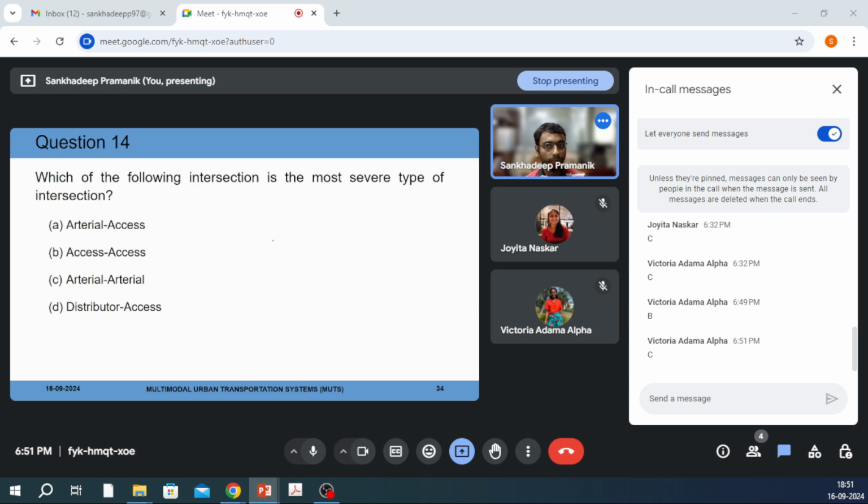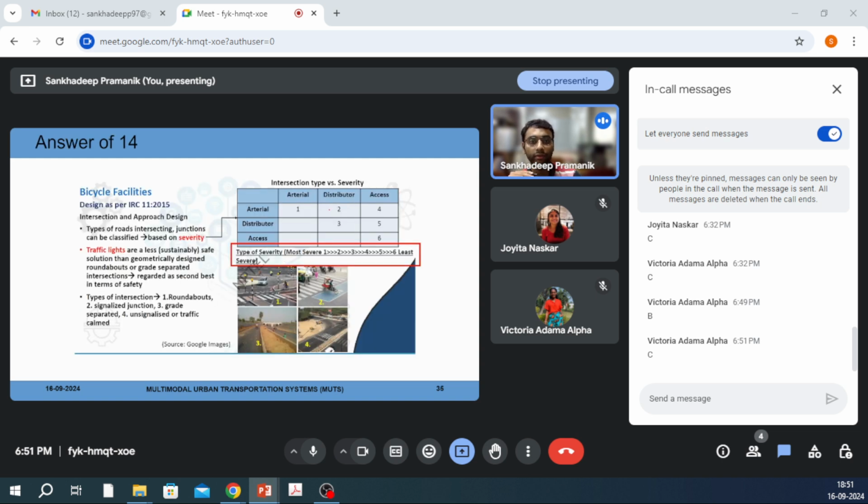So in an urban area, mainly the main places are connected with these arterial roads, and from there the branches that are connected, that one is distributor, and all the distributors are also connected with the access road to different houses or house properties.